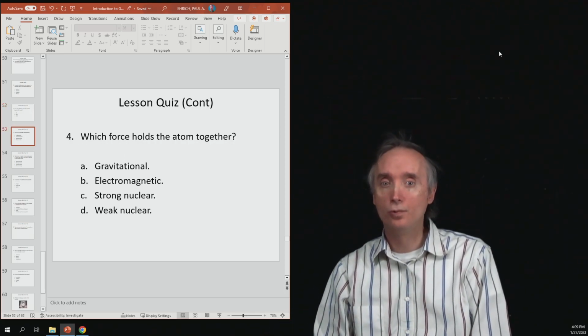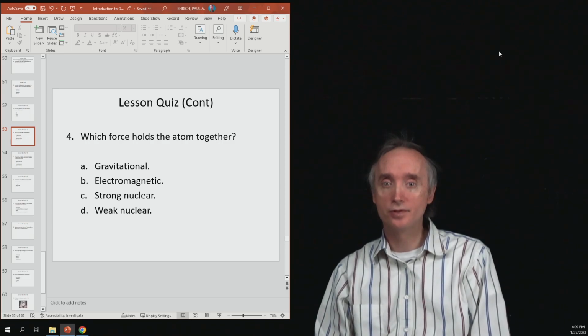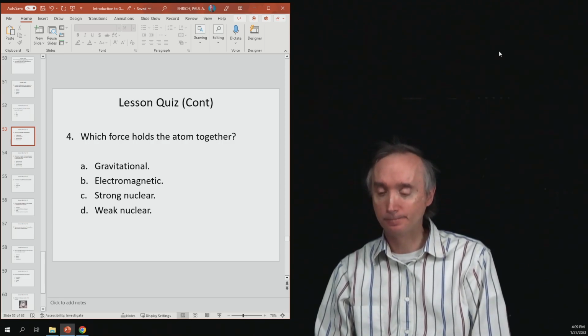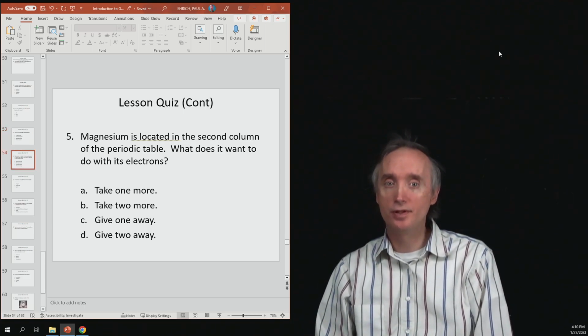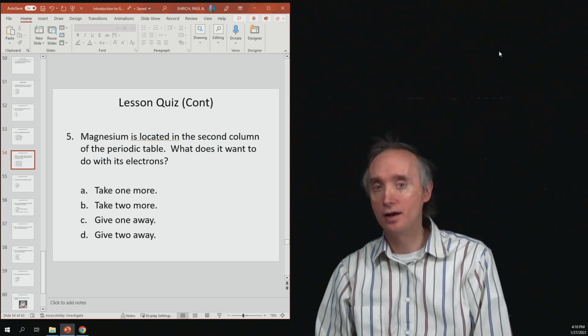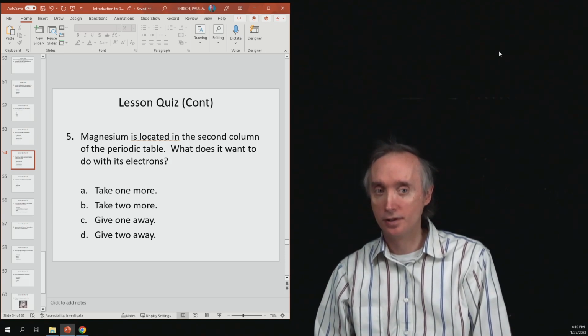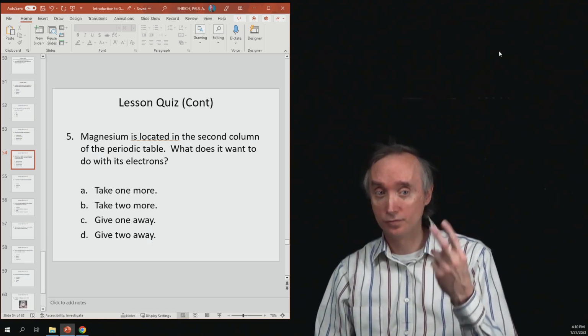Number 4, which force holds the atom together? That would be the electromagnetic. Number 5, magnesium is located in the second column of the periodic table. What does it want to do with its electrons? So if it's in the second column, how many electrons does it have? 2 outer electrons.